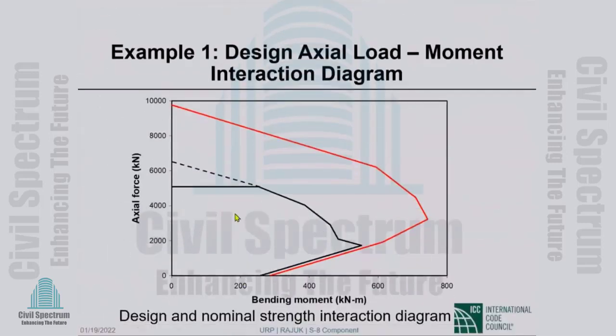Okay, so we calculated nominal values, we calculated design values, so we can plot this diagram. So the first point was here. How did we put it? Like no axial load, however. So first was here.